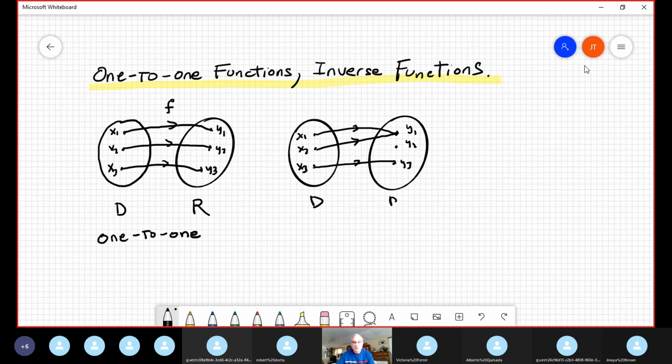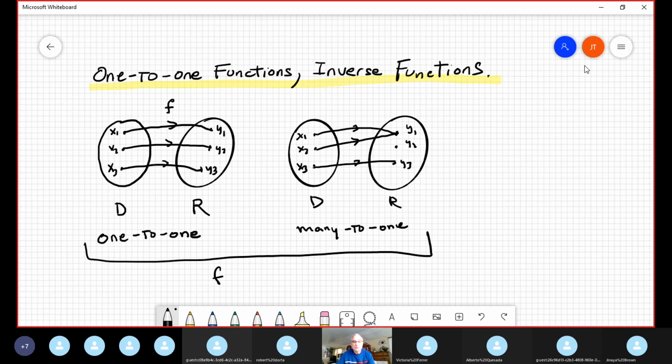Domain, range. This is many-to-one. Many-to-one. This and this is a function. Because remember, the most important thing is one, according to the definition of the function.